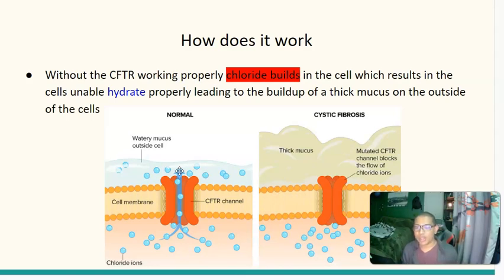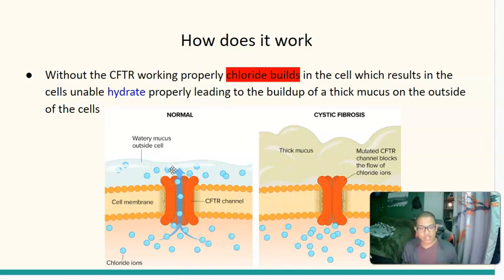Without a properly working chloride channel, the cells are unable to stay hydrated. This leads to a buildup of thick mucus on the outside of the cell. If you pay attention to my little display here, you'll notice the CFTR on the left side shows it pumping chloride ions outside into water and mucus outside the cell.